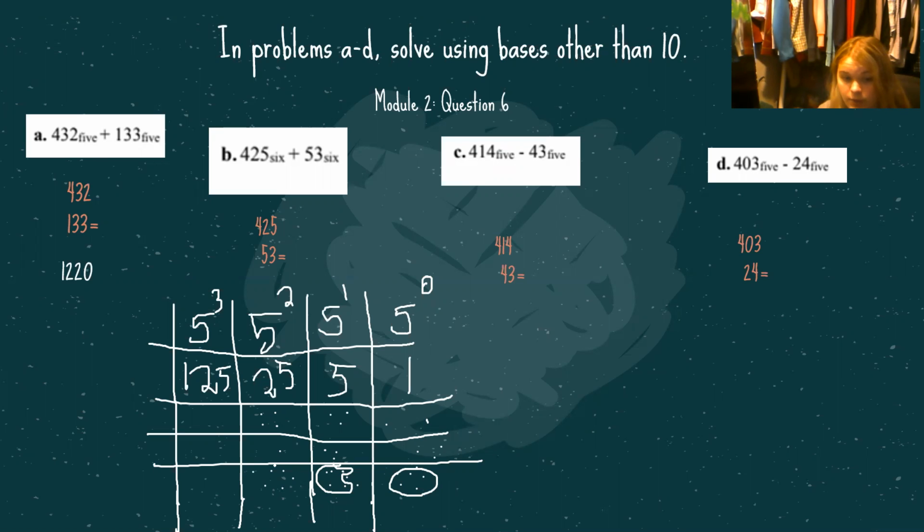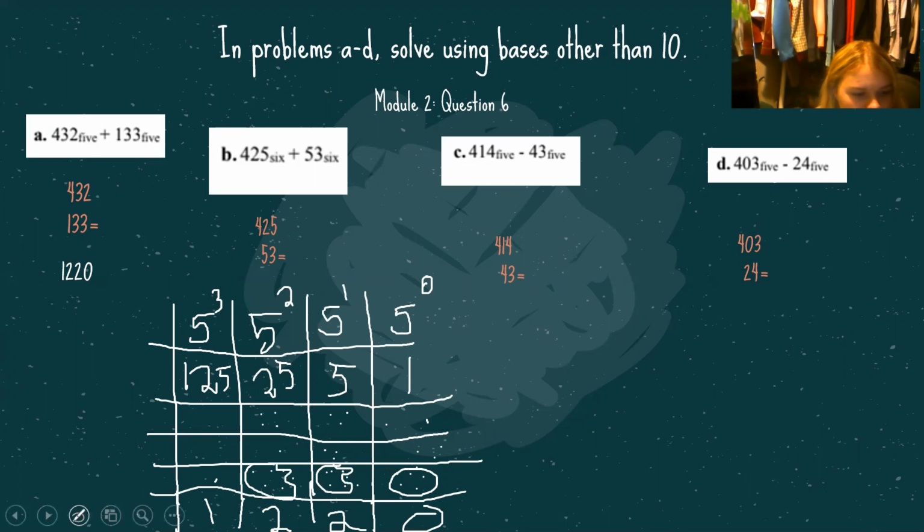And again, we're in base 5, so we're going to group this 5 and trade it in over here. So then we are left with 1, 2, since we dragged this one over, 2, and 0. So our total is going to be 1,220.